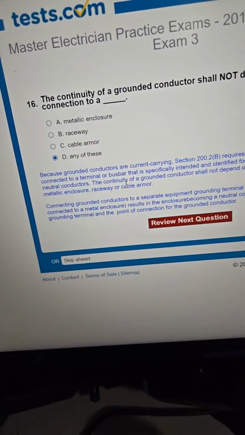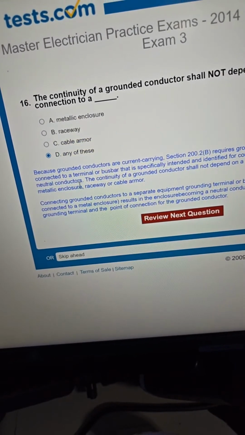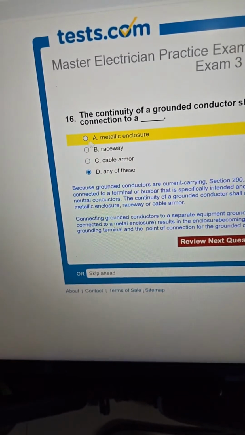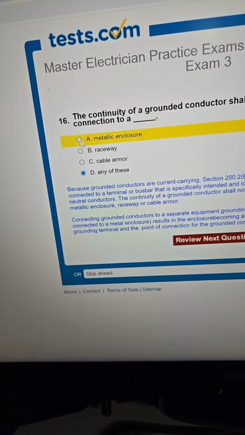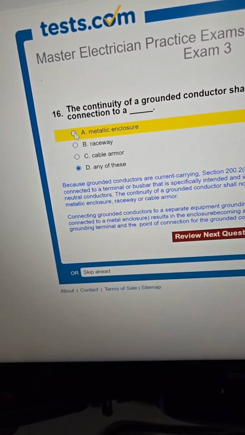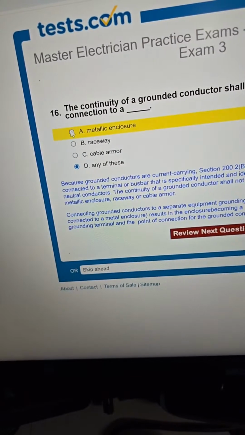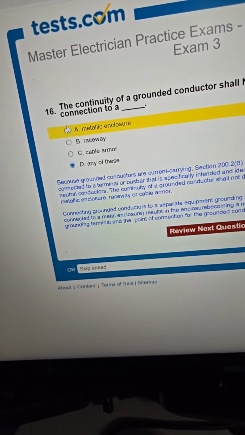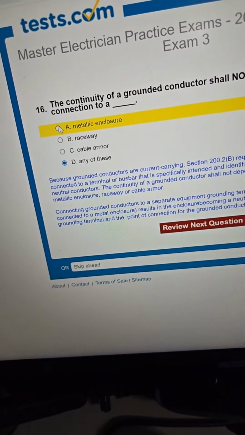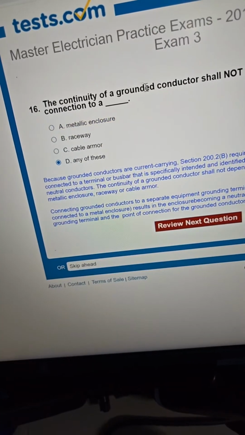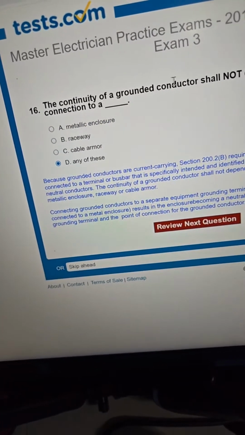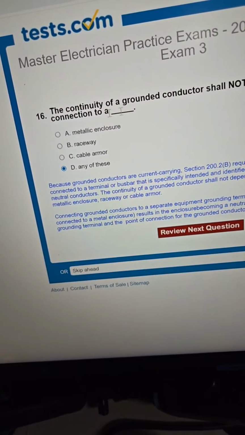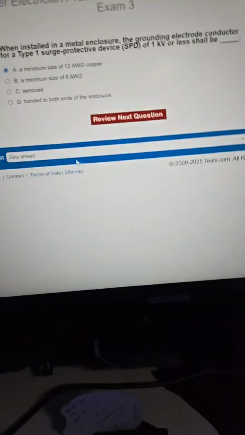Because you don't connect your neutral to any of those. But if you're thinking about the main bonding jumper on a service, technically you can't connect your grounding electrode conductors to your equipment grounds without a jumper or bus bar. So I was thinking in that direction with the metallic enclosure. Overthought that one. It happens.